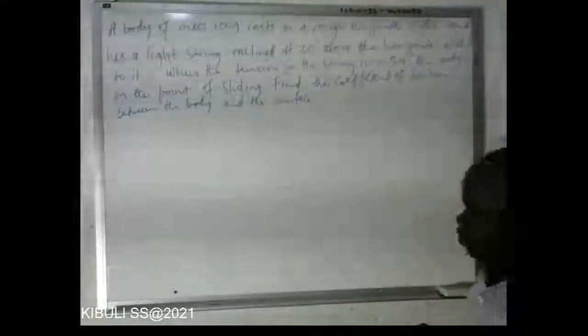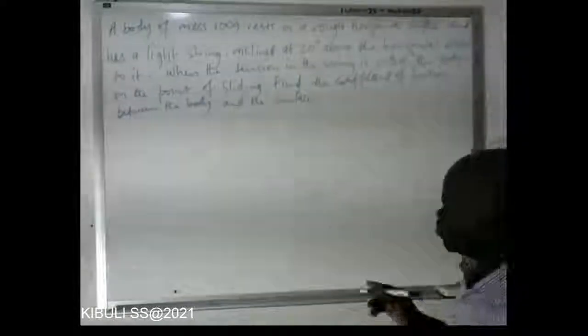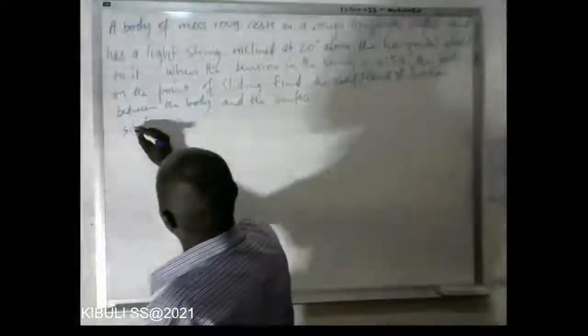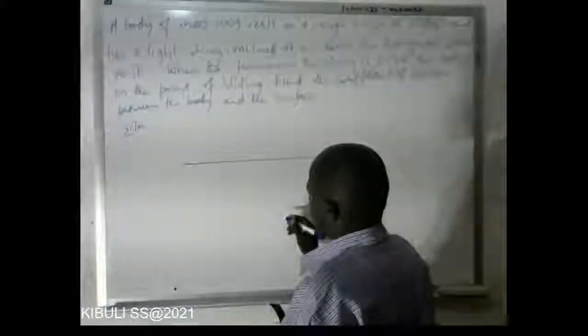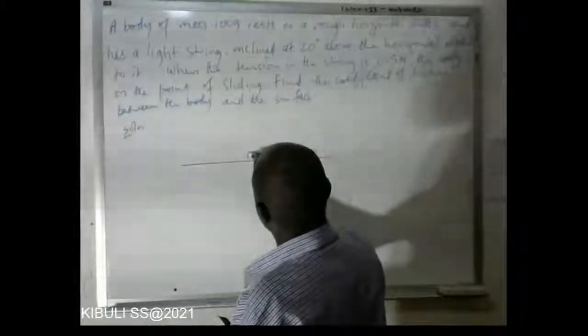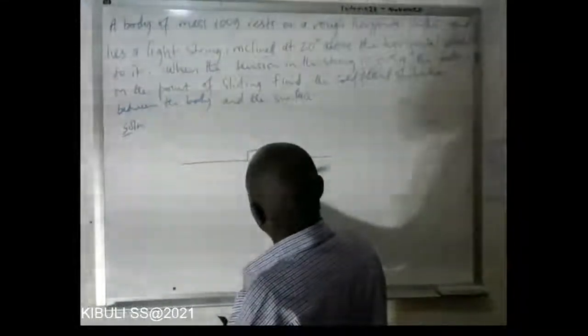Again, the first thing we need to do is to draw a diagram showing all the forces acting on this body. The body rests on the horizontal surface. Let's say this is the horizontal surface and this is the body. The weight of the body will be acting vertically downwards.